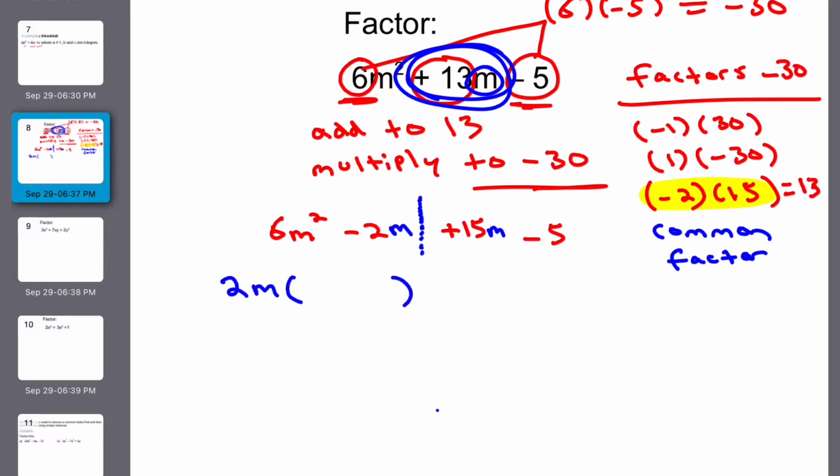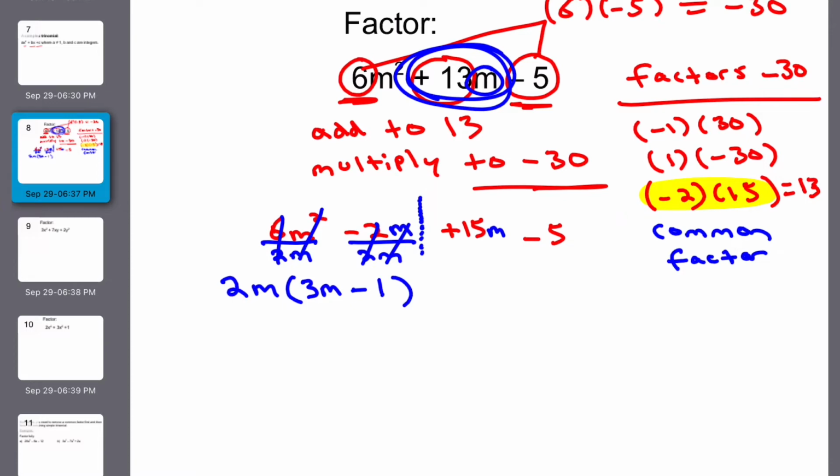When we divide the original pieces by 2m to see our leftovers, 6 divided by 2 is 3, and m squared divided by m leaves us with 1m still. Then -2 divided by 2 becomes -1, and m divided by m is 1, so it's going to end up being -1 in total there. That was the left side.